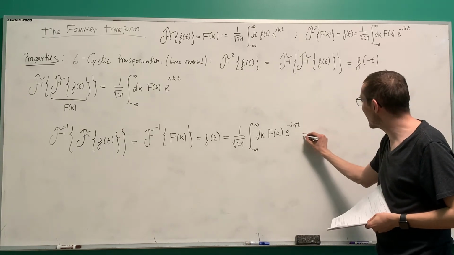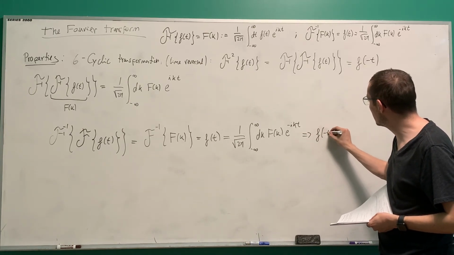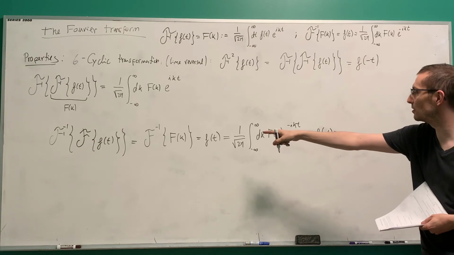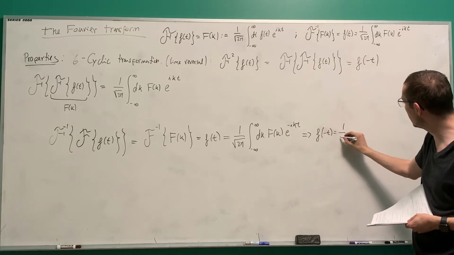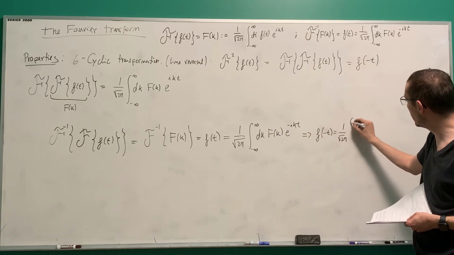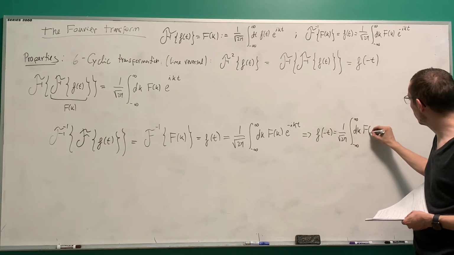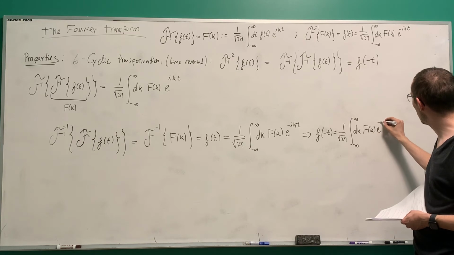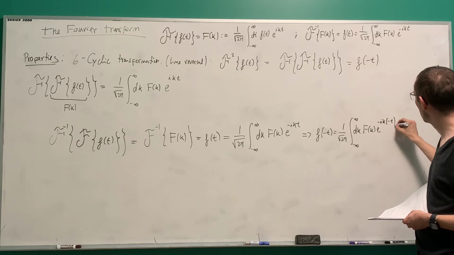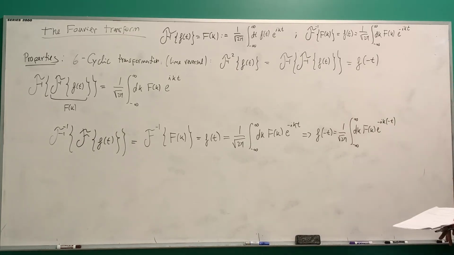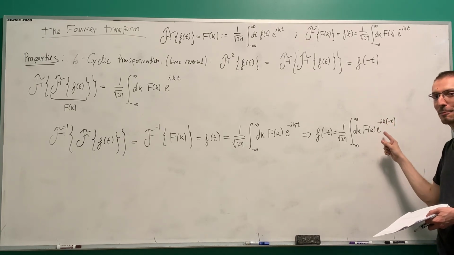But I realize that if I want f of minus t, well, substitute a minus t wherever you see a t. This is 1 over root 2 pi, integral from minus infinity to infinity dk f of k e to the minus i k times minus t. Oh, nice. But minus times minus is a plus.